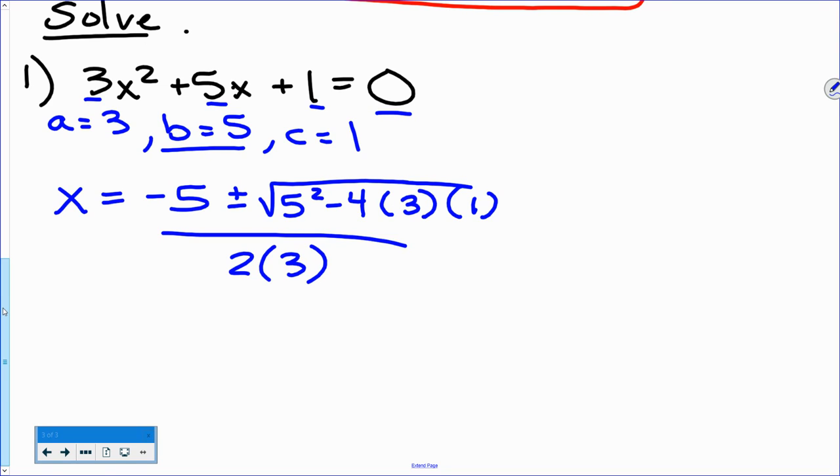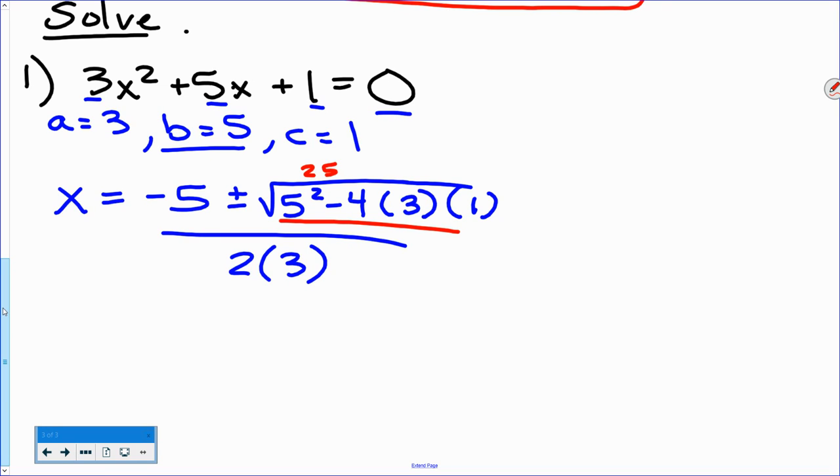So I want to see this out on a paper test next week that you can show me these steps. I want to see that you know where to plug everything in. And then I'll show you the next part that I would for sure want to see. Sometimes you should really figure out what's inside here first and find out what that number is. So sometimes, for sake of space, 25 is my 5 squared.